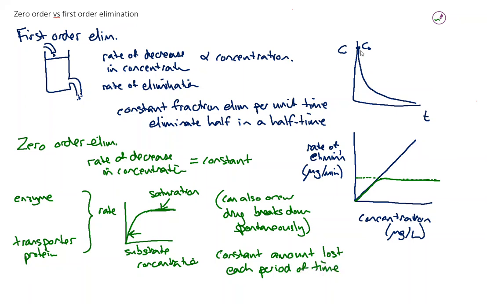In that case, you get a straight line. In practice, when the concentration gets back down to this non-saturated concentration, as we were talking about earlier, you would end up getting back to first order kinetics again. So this is zero order. Okay, that is the zero order.